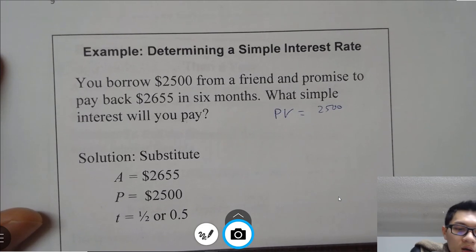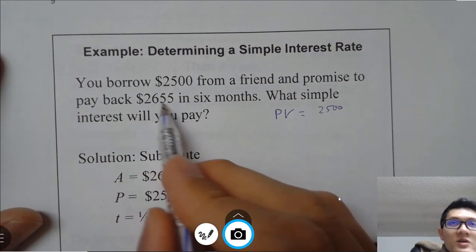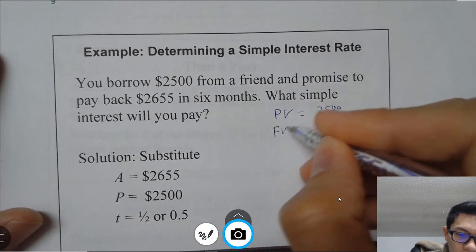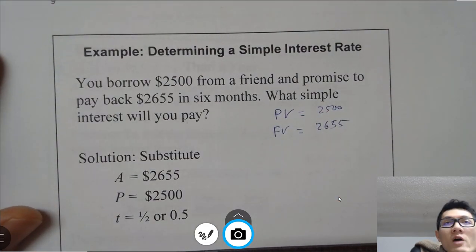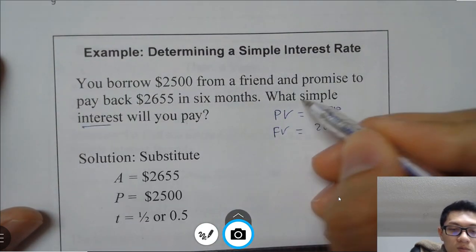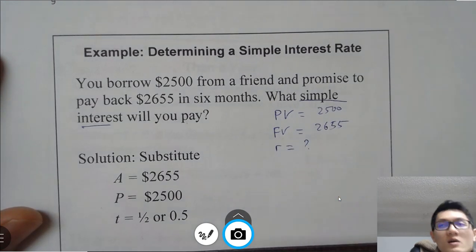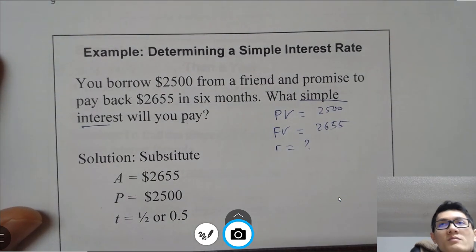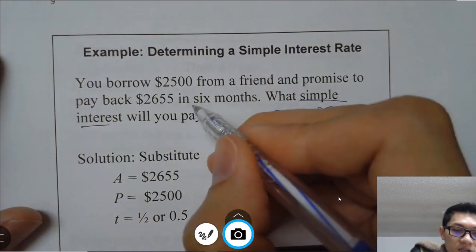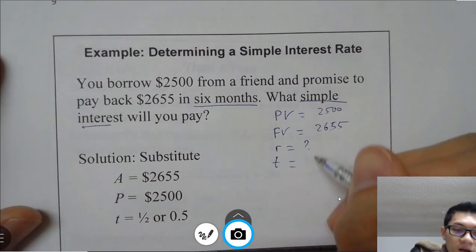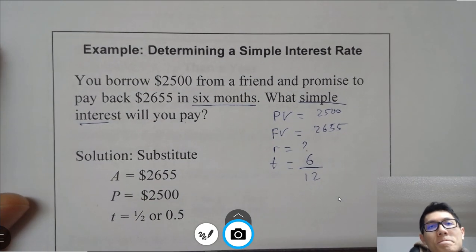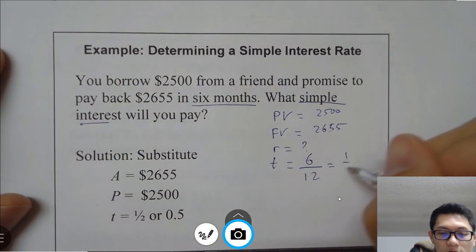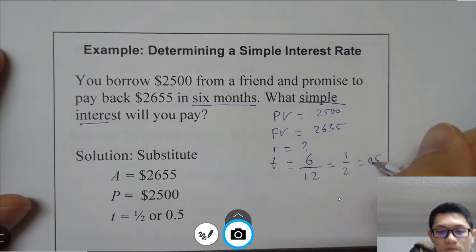You pay back in 6 months, so this is the future value. They are asking for the value of R. And the time is 6 months. Again, this is in months, so you have to divide by 12 to get back to years, or 1/2, or 0.5.